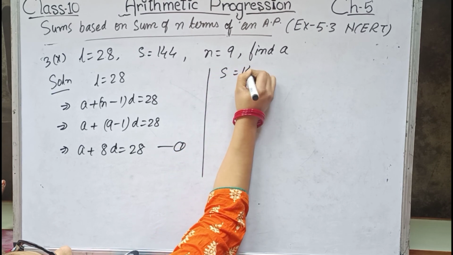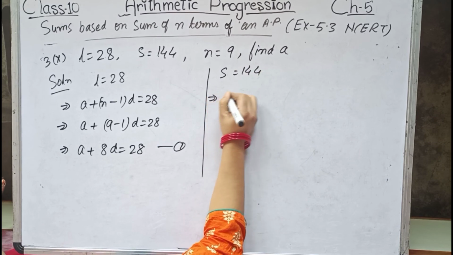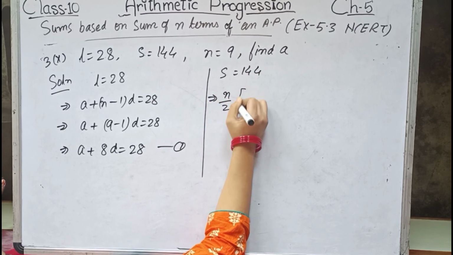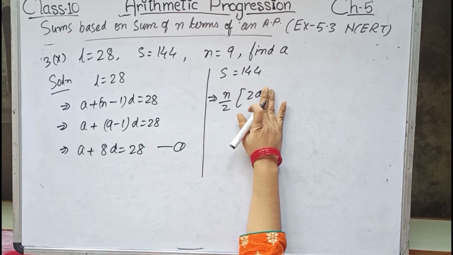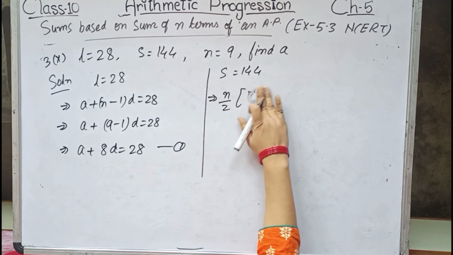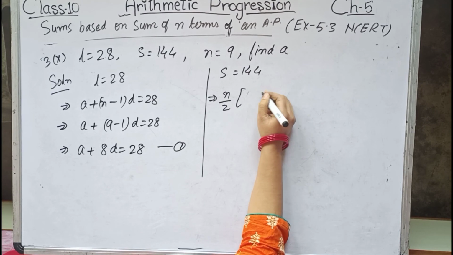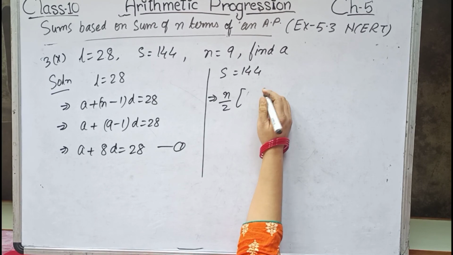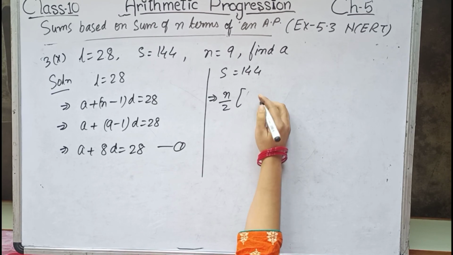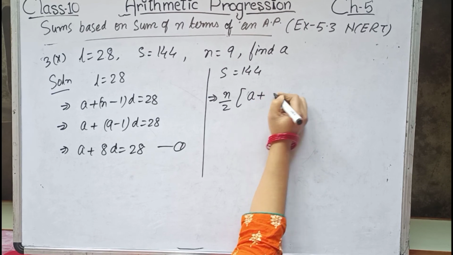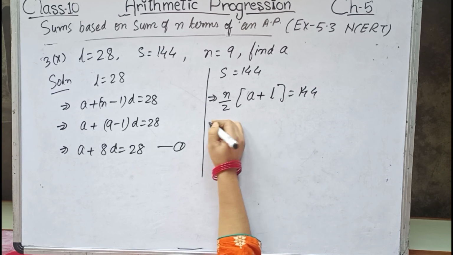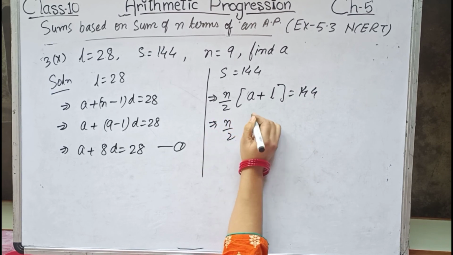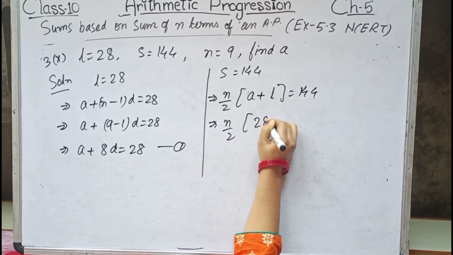S equals 144 implies N by 2, 2A. So the last term is given and A we have to find. So we can write first term plus last term. Yes, I can write N by 2 into (first term plus last term) equals 144.